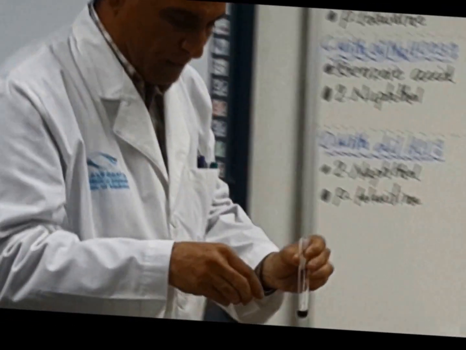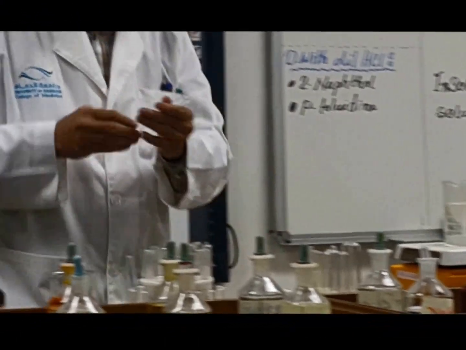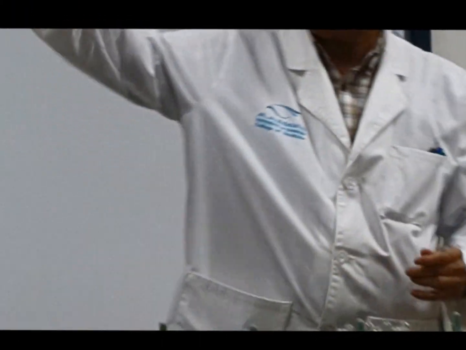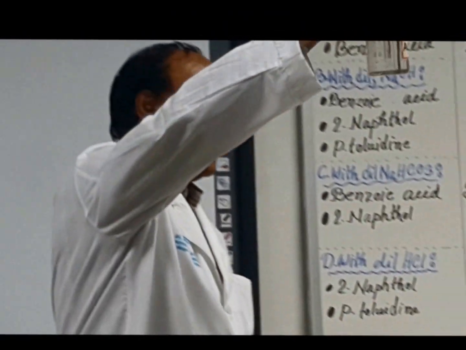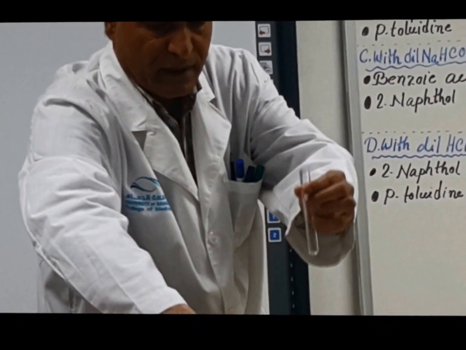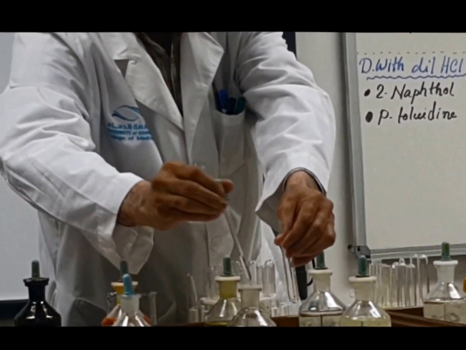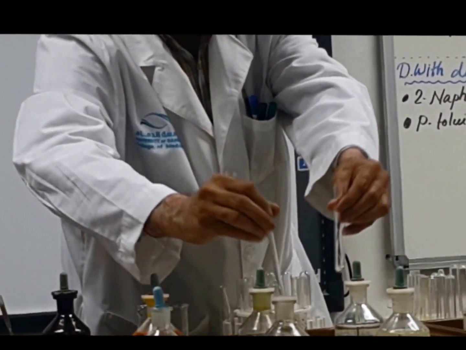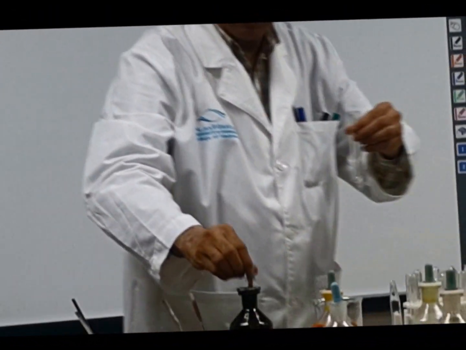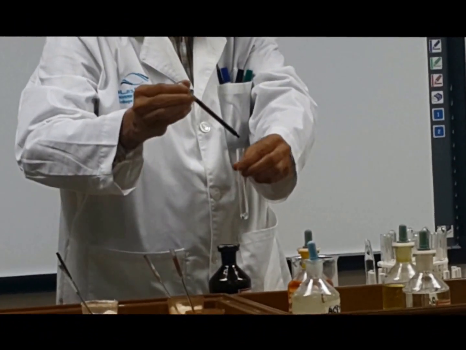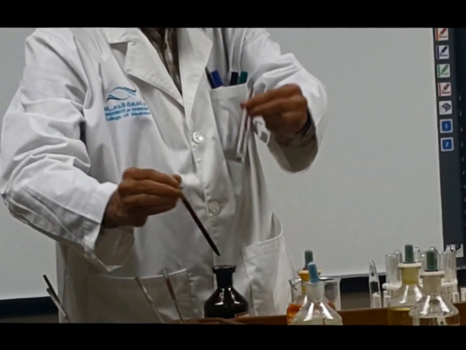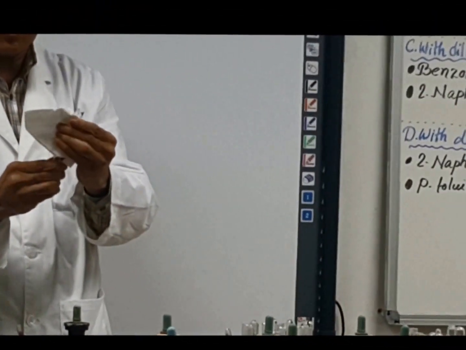If I show you this, I take an alkane, look over here. I have an alkane, and I add into it the KMnO4, which is purple in color. I put 1 or 2 drops, and you can see that there is no change in the color.